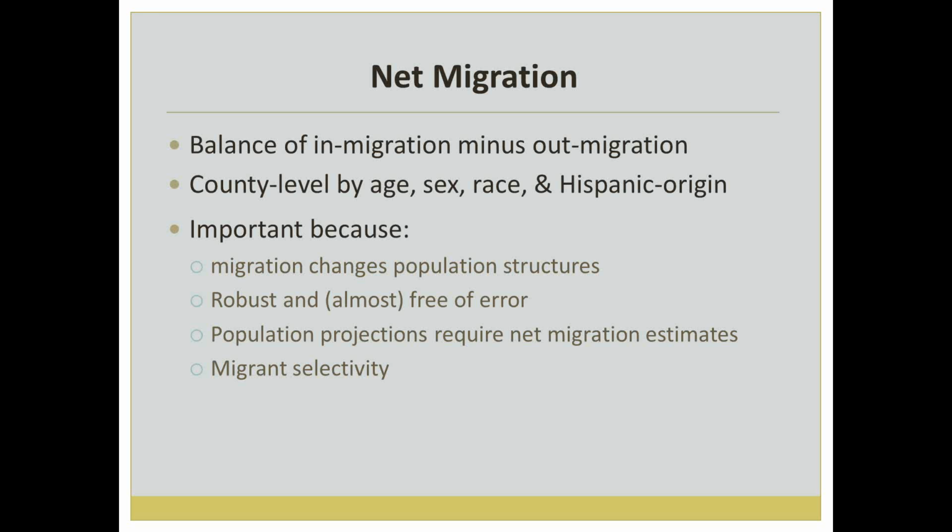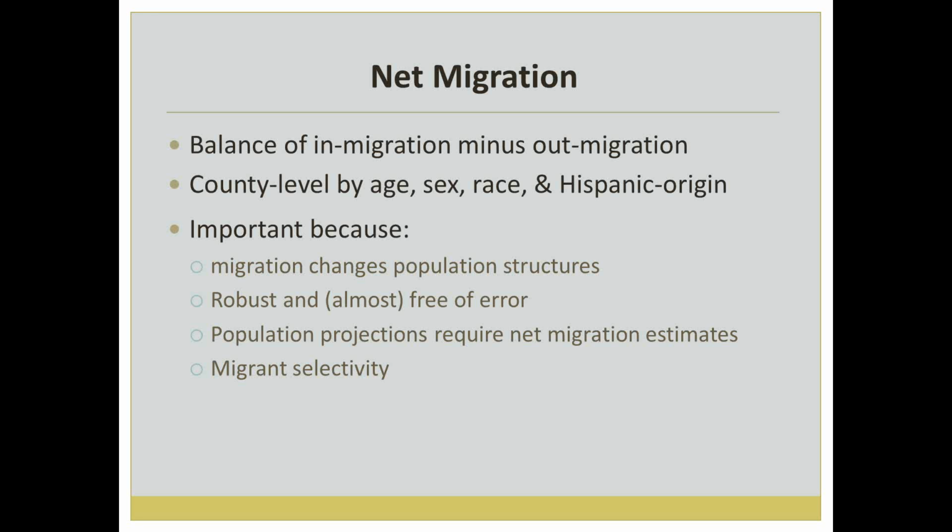They're also useful because they can be estimated almost free of error. They don't rely on any samples, but rather on population counts from the censuses and from administrative records, and so they are quite accurate. The data are commonly used in population projections, so a lot of applied demographers use these data as a means of projecting future county-level migration patterns.